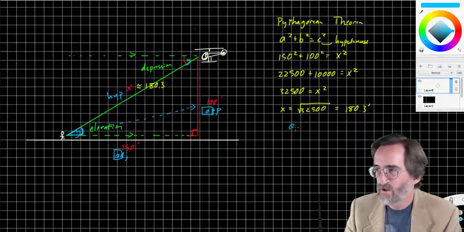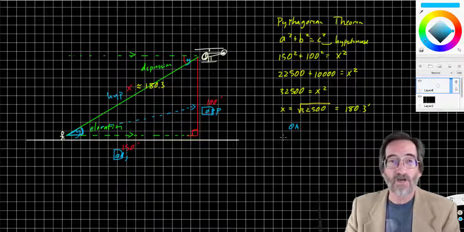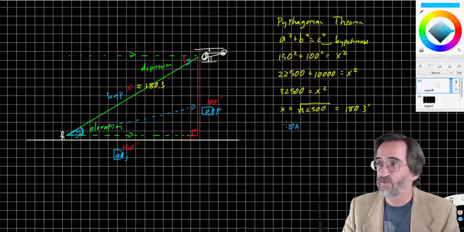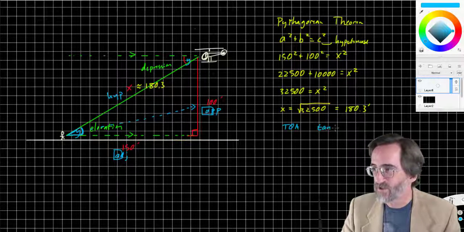SOH CAH TOA. What has O and A? Ooh, TOA. So I know tangent is the correct equation. So tangent of the angle y equals opposite 100 over adjacent 150.